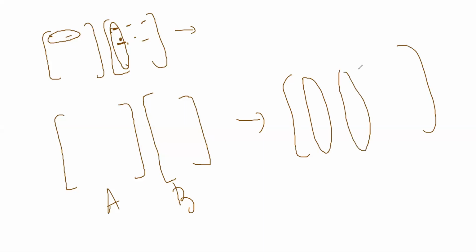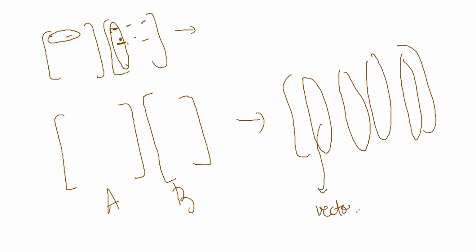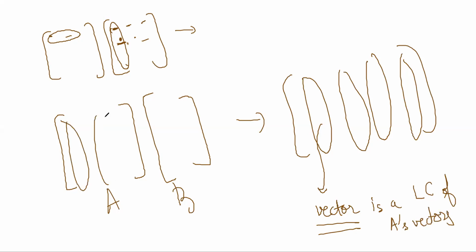Now you are thinking of AB. You are saying that this is A, this is B. The final product is a combination of vectors, right? This is a vector, this is a vector, this is a vector, this is a vector, right? This column vector is a linear combination of A's vectors. A's vectors were what? This, right? And what are the scalars in that linear combination?